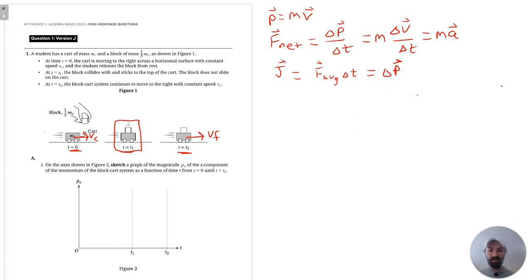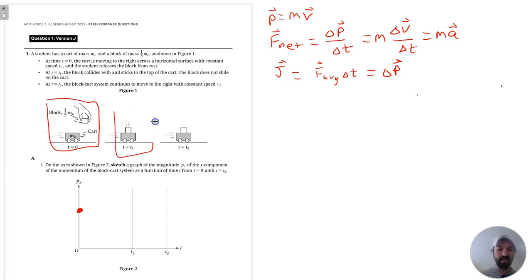We determined that if there is a net force, we change an object's momentum, and we are trying to graph this object's momentum with time. So we pick some starting point. Doesn't matter. Just pick a starting point. This is where we're going to start our momentum. Now we just need to see if we change the momentum with time. This entire system, if we were to look at all the forces on the system, do you see anything pushing or pulling that system?